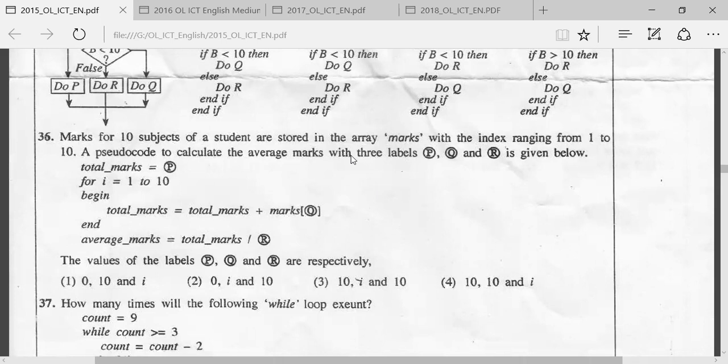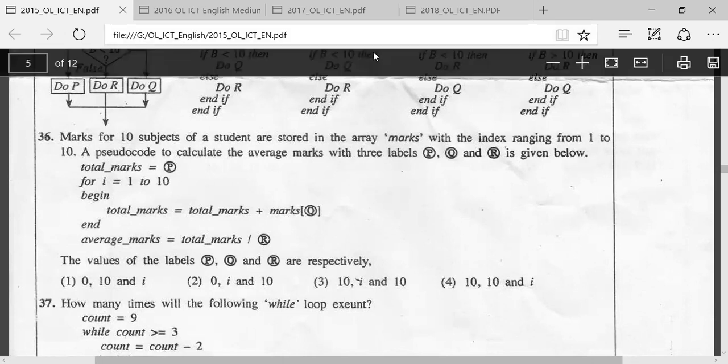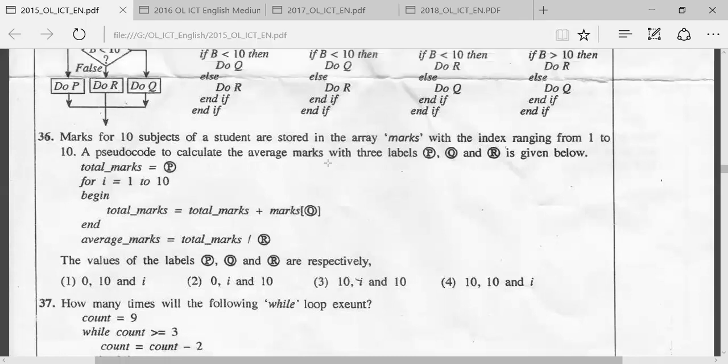Right? So there's an array with 10 marks. The name is marks, the array name. It is going to denote how many marks? 10 marks.